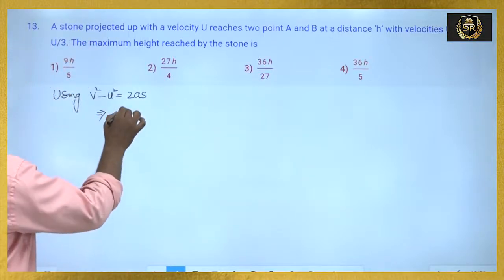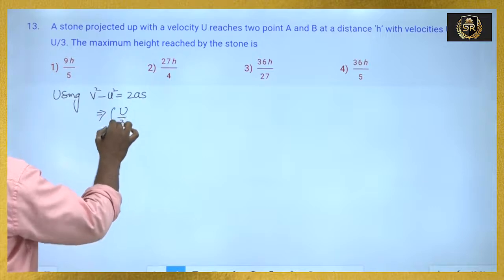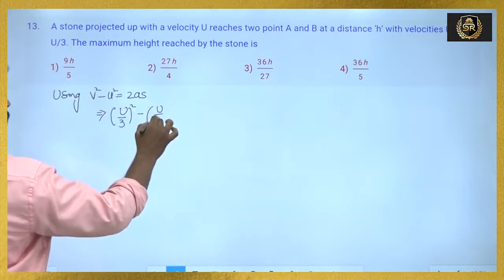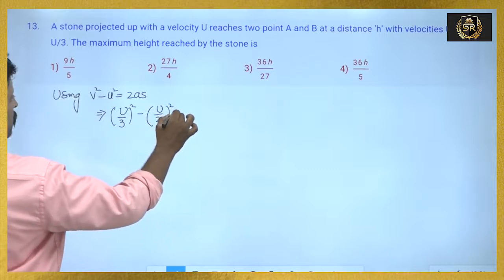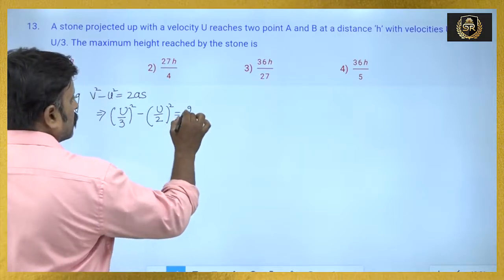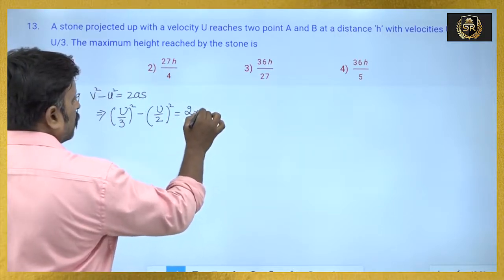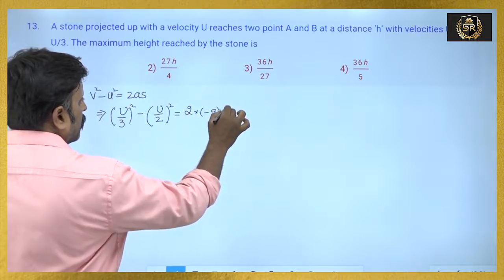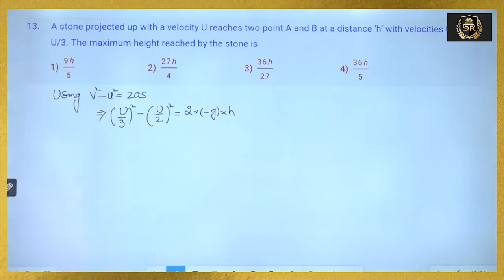So can I write in place of v square, u by 3 minus u by 2 whole square is equal to, it is projected upwards now, so in place of a I can write minus g into height is h.